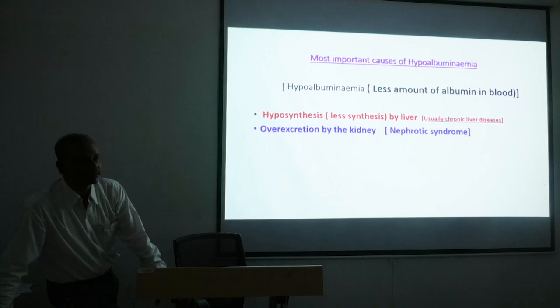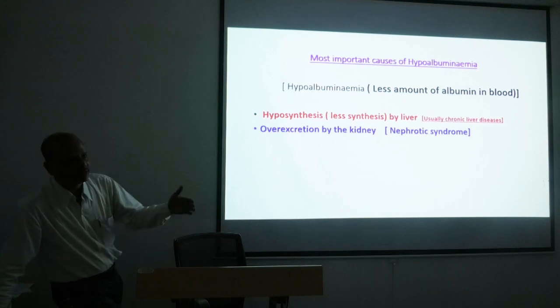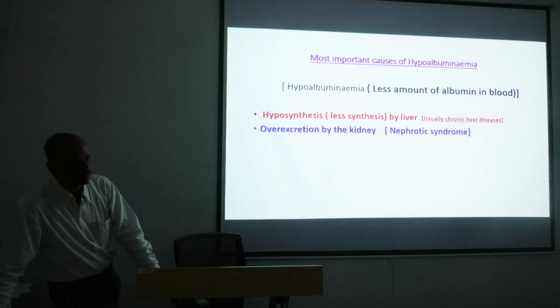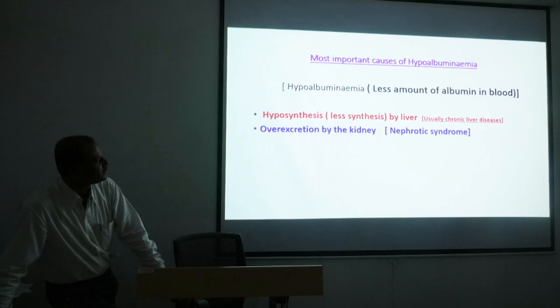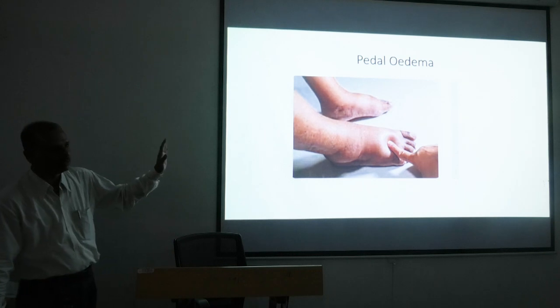The other is excess excretion by the kidney. Albumin is normally not filtered, but if the kidney is diseased, the glomerulus is affected, and this high molecular weight protein also passes into the urine. So nephrotic syndrome. This is what happens if the albumin level is low.